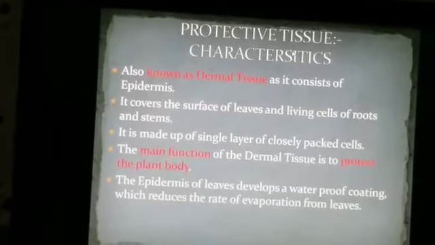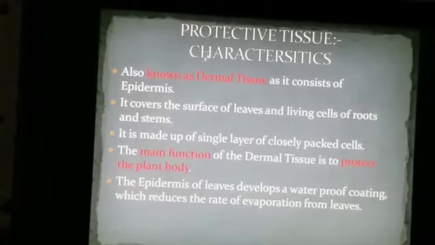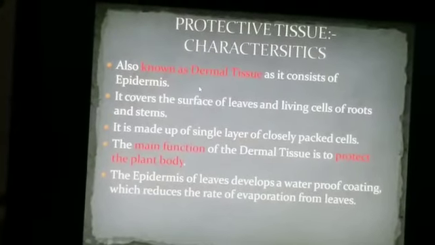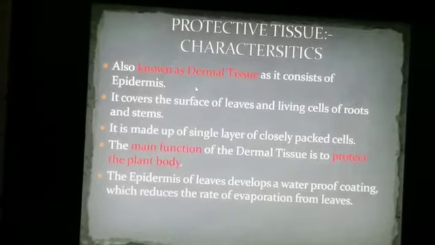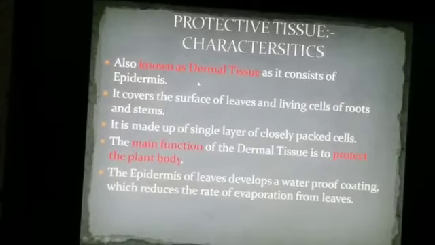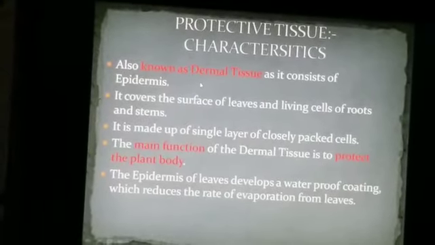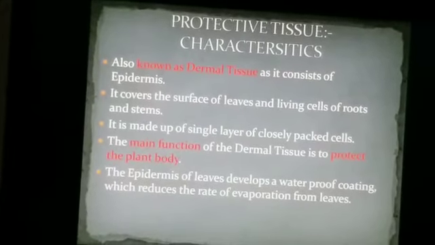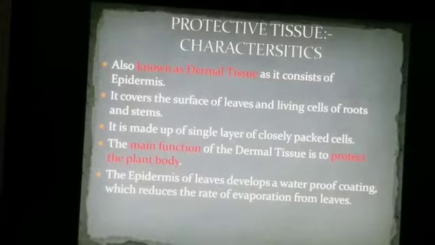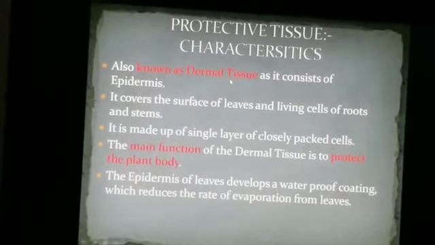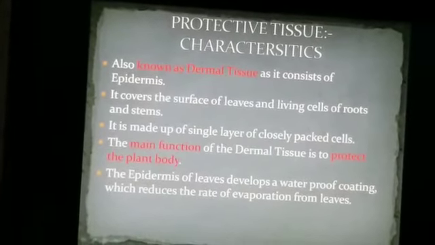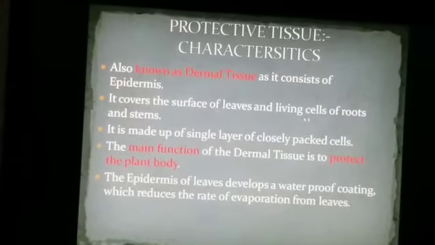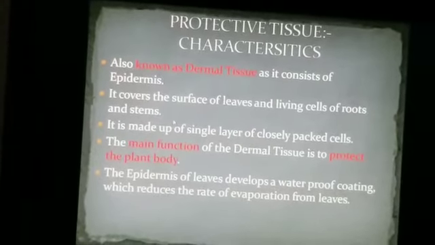First is protective tissue, second is supportive tissue. Now the characteristics of protective tissue. Protective tissue is also known as dermal tissue, as it consists of epidermis, which I have already discussed with you. In our skin, the first part, the origin part of skin, is known as epidermis. Similarly in the plant body, the first tissue is known as epidermis, and it covers the surface of leaves and living cells of roots and stems.